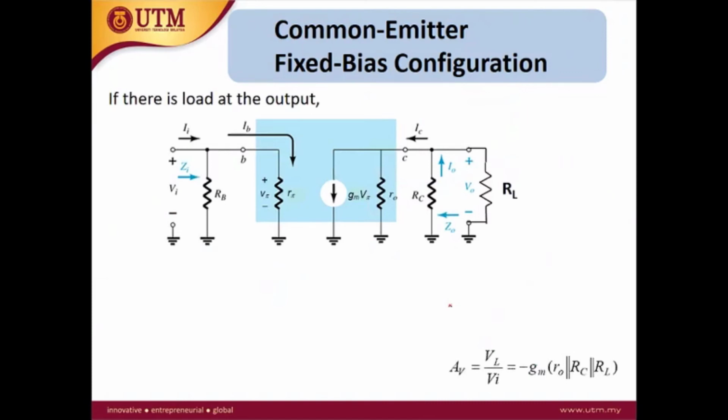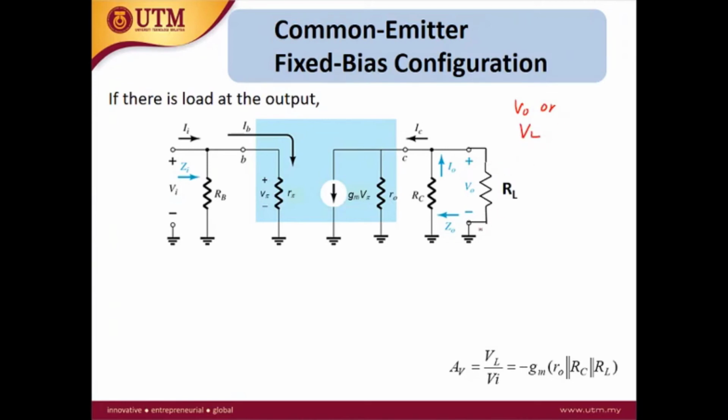Okay, if there is a load connected to the output, here the output is not VOOC. Sorry, the output is not VOC. The output we can denote with the symbol VO or VL. So VL is the voltage across the load.